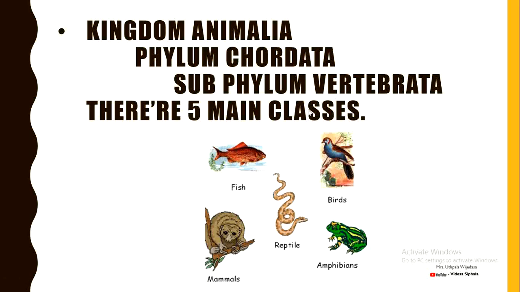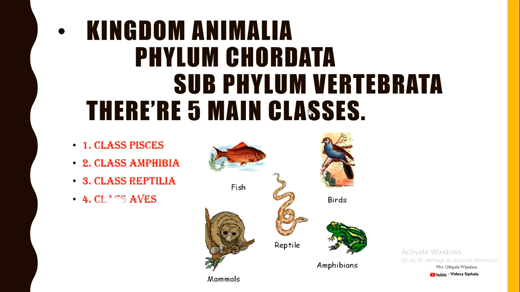These are class Pisces, to which fish belong, class Amphibia, to which amphibians belong, class Reptilia, to which reptiles belong, class Aves, to which birds belong, class Mammalia, to which mammals belong. Here onwards we are going to discuss these 5 classes of subphylum Vertebrata.